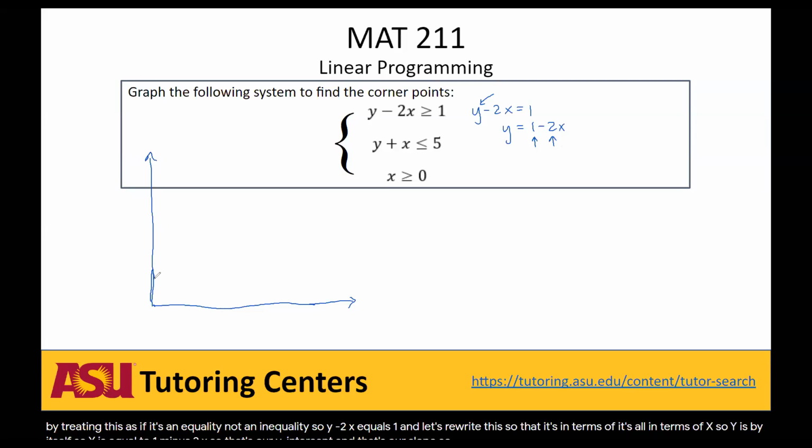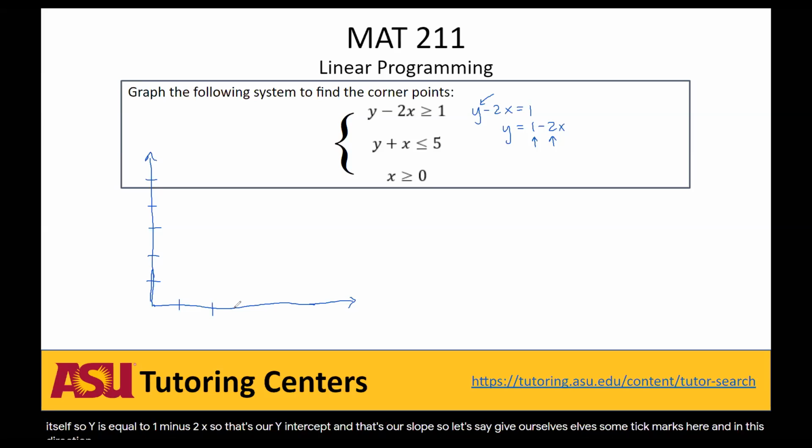Let's give ourselves some tick marks here. For this first equation, our intercept is at 1, and we go down 2.